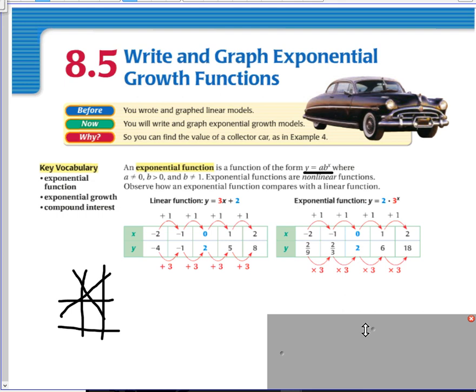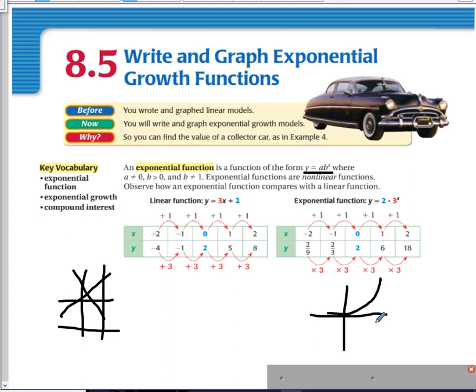These functions look a little bit different and they have a different relationship. So instead of having y equals mx plus b, we have y equals a times b to the x power. Okay, so these functions often look, or always look, like this, where they're curved, or they look like this, where they're curved down.